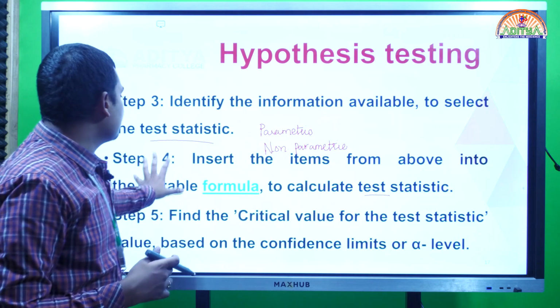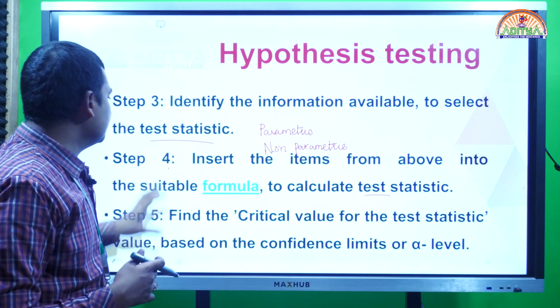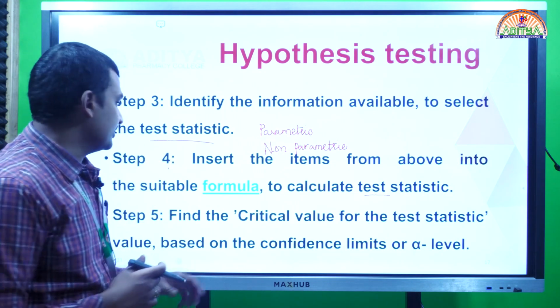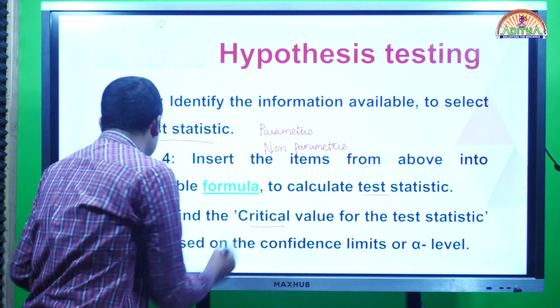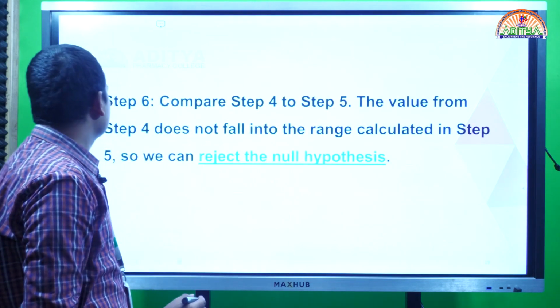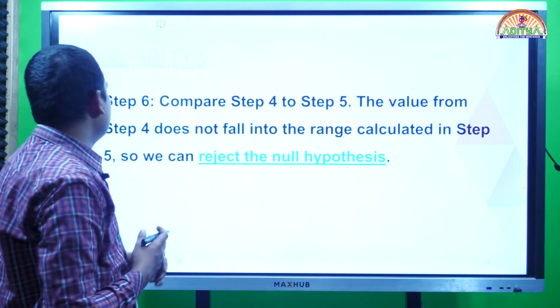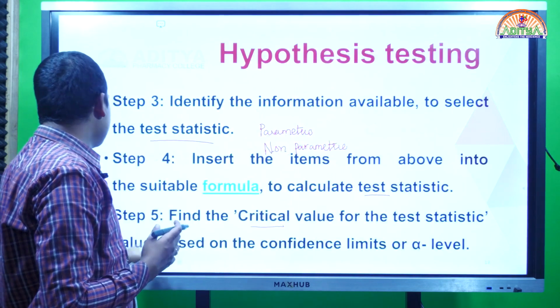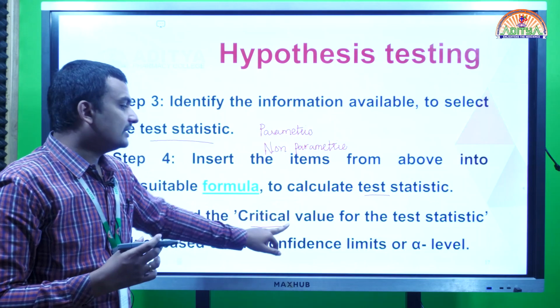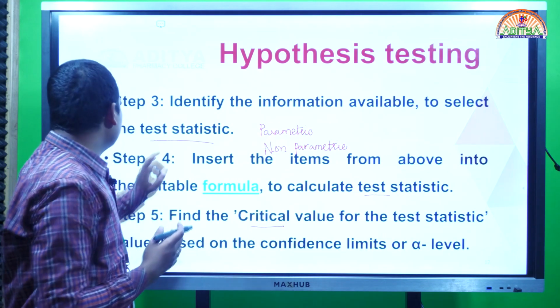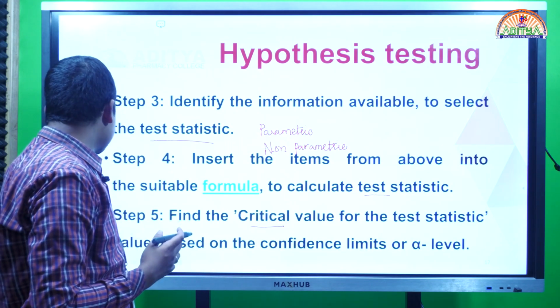That means from step 4 we have to compare the value of the test statistic with this critical value. And step 6 is to compare step 4 and 5. So comparing the test statistic and the critical value will be our step 6.